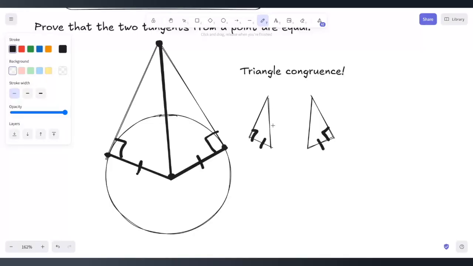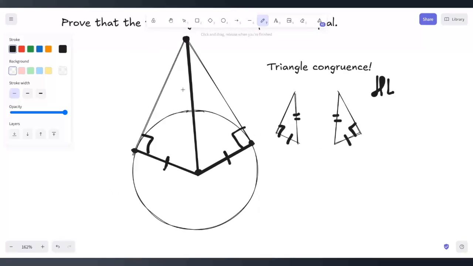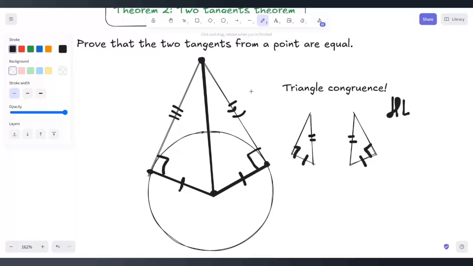Now, what about these two hypotenuses? Well, they're part of the same segment, so they are equal. And thus we have HL congruence, which tells us that these parts of congruent triangles must be congruent. And we are done.